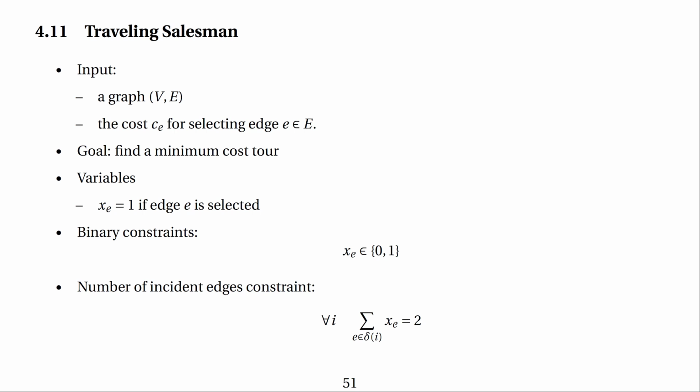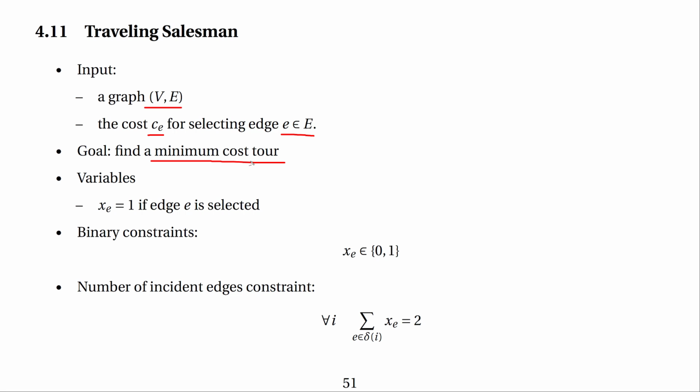Let's look at the Traveling Salesman problem. As input, we are given a graph with nodes V and edges E, and we have a cost C subscript E for selecting an edge E that is an element of the edge set E. The goal is to find a minimum cost tour.